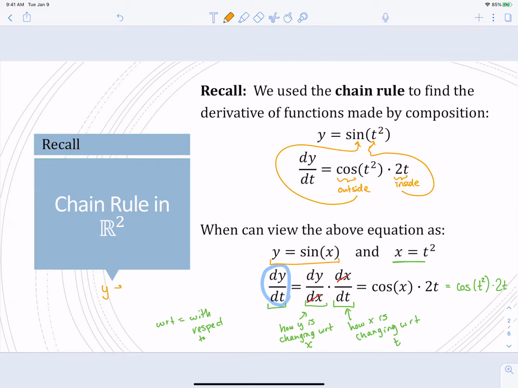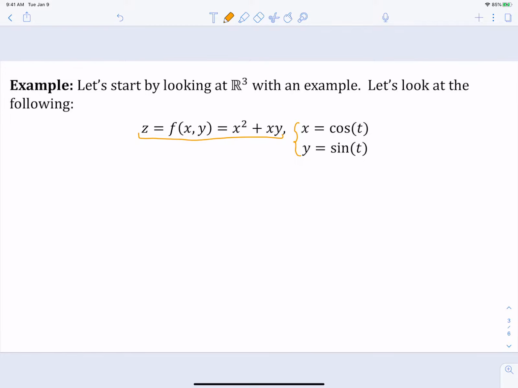So, from Y, we need to plug in X, but to get to X, we've got to plug in something to T. So it was a really kind of simple path to get from T to Y or from Y to T. Here, we've got Z, and Z is a function of X, and it's a function of Y. But X is a function of T, and Y is a function of T. And what we've made right here, this is kind of a simple one, but this is called a tree diagram.